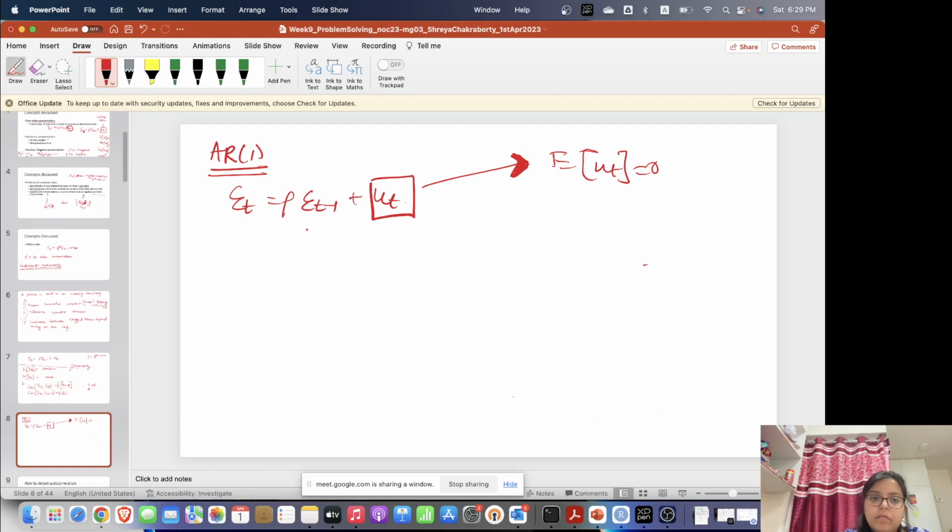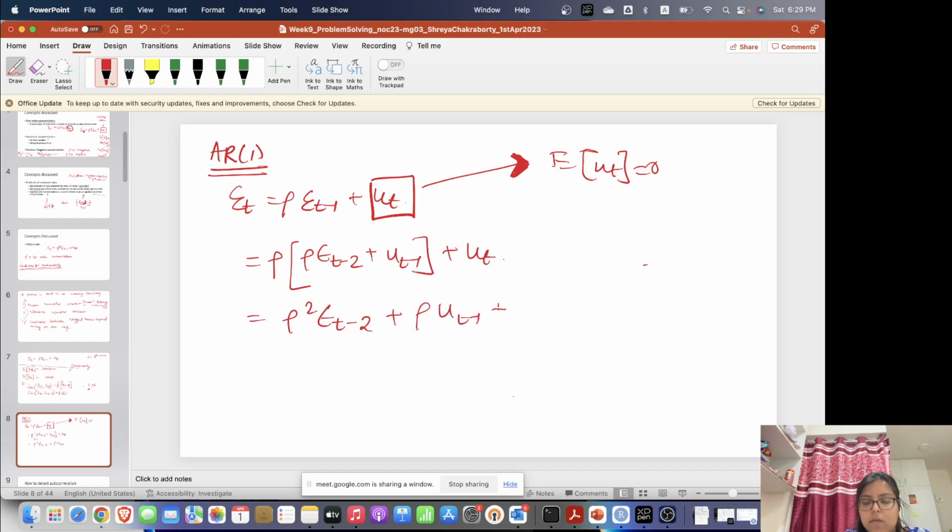Okay, so if I expand this we can write as rho into, like I said, rho epsilon t minus 2 plus ut minus 1 plus ut equal to rho square epsilon t minus 2 plus rho ut minus 1 plus ut. This one we can write as epsilon cube rho cube epsilon t minus 3 plus rho square ut minus 2 plus rho ut minus 1 plus ut.